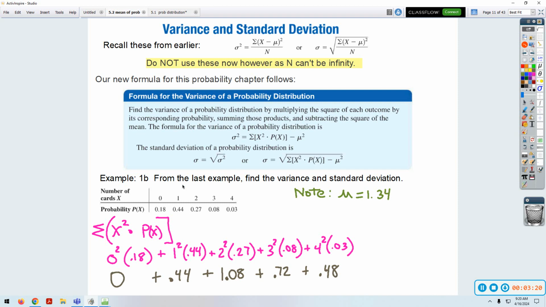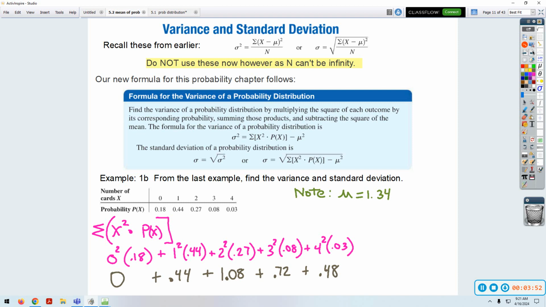So for example here, same example as last time, instead of using 0, 1, 2, 3, 4, we're going to do 0 squared times 0.18, 1 squared times 0.44, 2 squared times 0.27, 3 squared times 0.08, and 4 squared times 0.03. Bottom line is when you add all of those numbers together, you will get the number that's going to go under this equation.